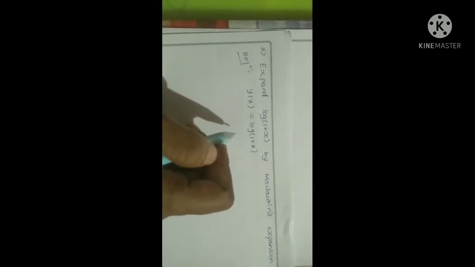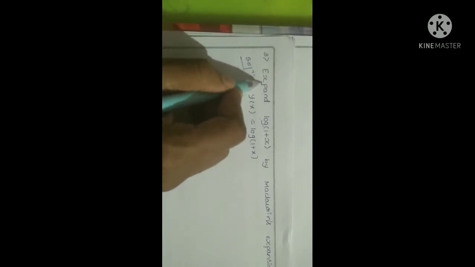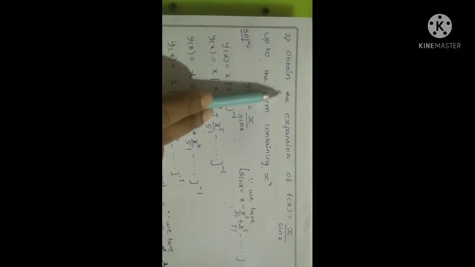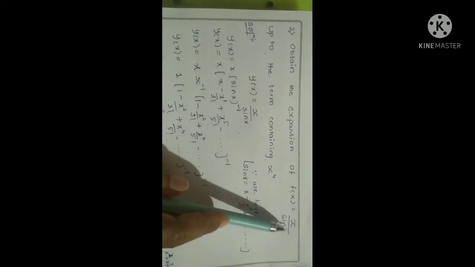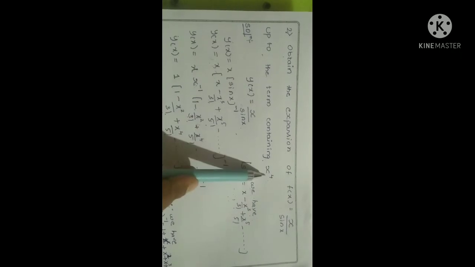So what is our next step? Since the given is expand, observe the previous question, where it was given to obtain the expansion of f of x, x divided by sin x, up to the term containing x to the power of 4.